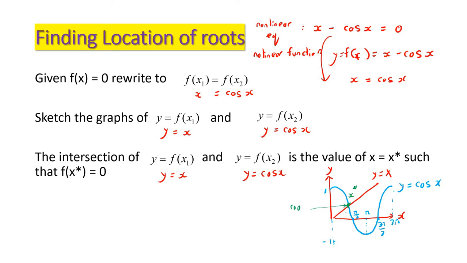If we sketch, we can roughly know the root is contained from 0 up to, because this point is x equal to pi over 2, so the root is inside the interval 0 to pi over 2. This roughly locates the interval of the roots by breaking the nonlinear equation into two functions.